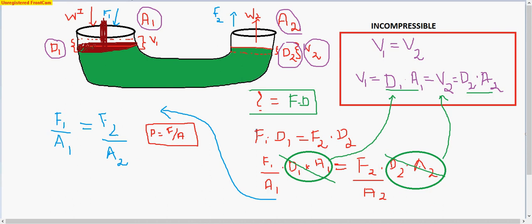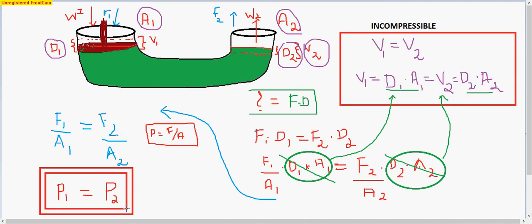So let's consider a pressure P1, which is F1 by A1, is equal to P2. That is the equation we have derived from these two equations.